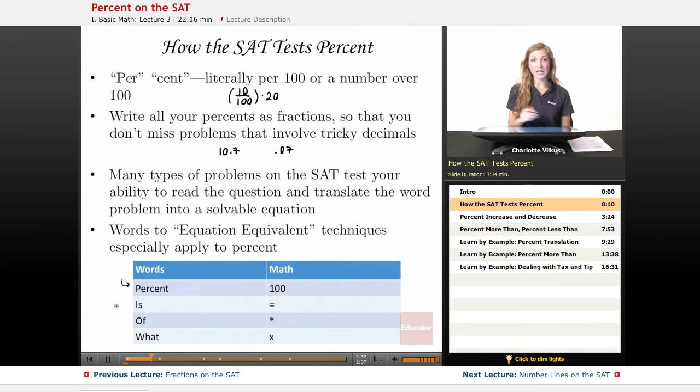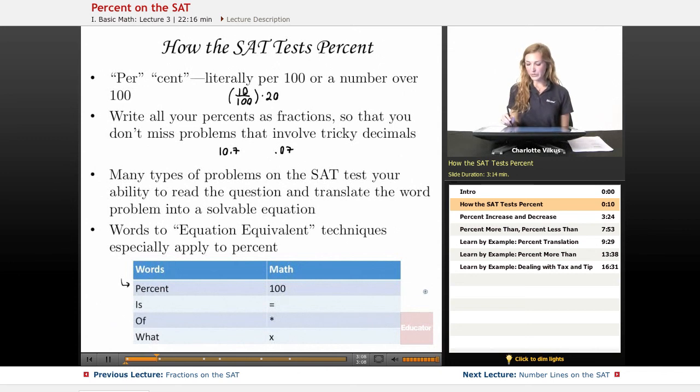The other thing that comes up a lot, especially in really basic percent problems, is if we see the word is, that means equals. Of, so 10% of 20, is really telling us to multiply the two. And finally, when we see the word what, so what number is, or what is 10% of 20, we're talking about a variable. The what is what we don't know.